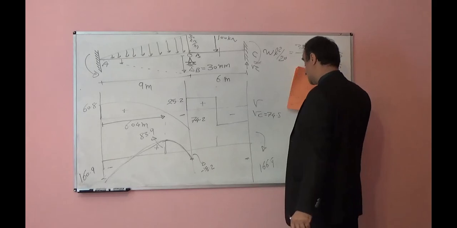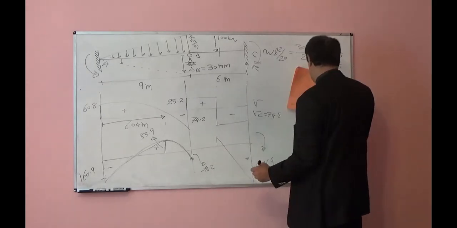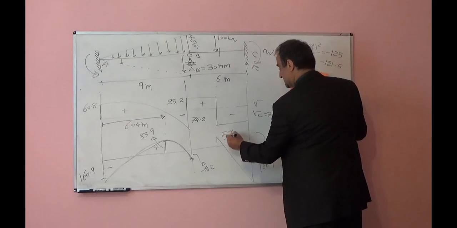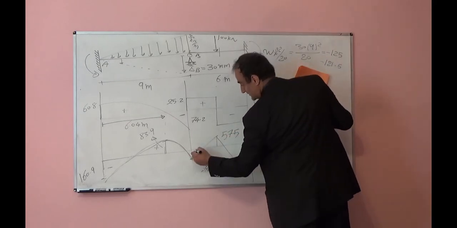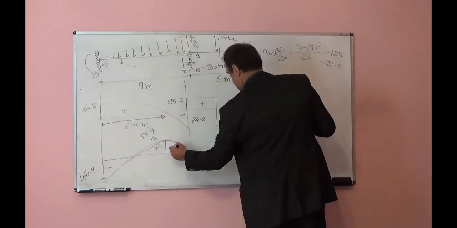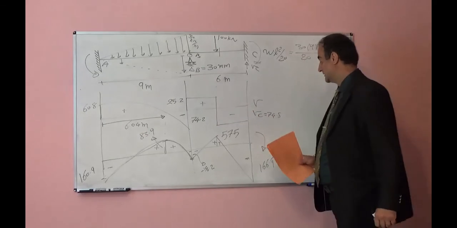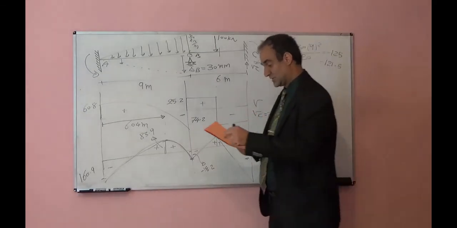From negative 166.9 you will reach the positive 57.5, and then you will attach here: negative, negative, positive, positive, positive. This will be the moment diagram, this will be the shear diagram.